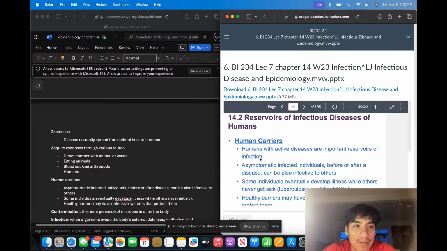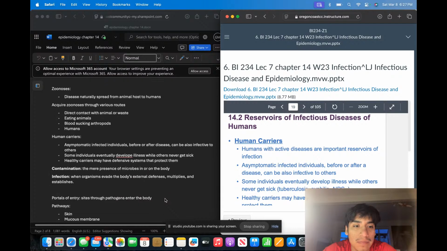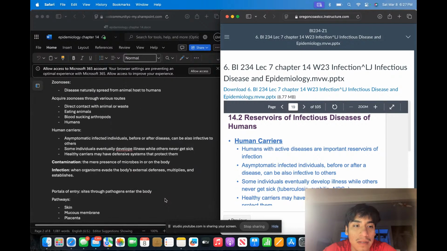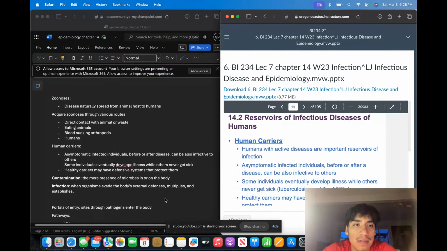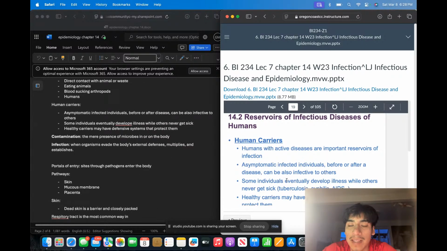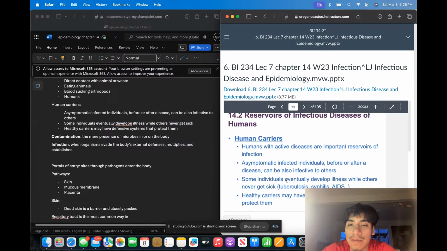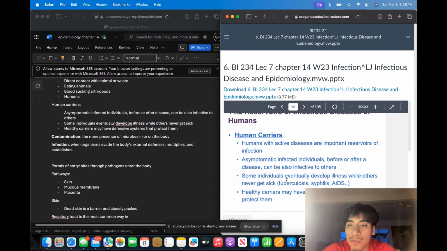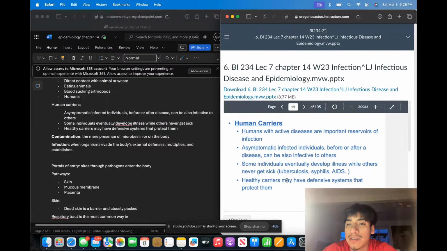All right, now we're going to move on to human carriers. Human carriers with active disease are important reservoirs of infection. Asymptomatic infected individuals, before or after a disease, can also be infective to others. Some individuals eventually develop illness while others never get sick.